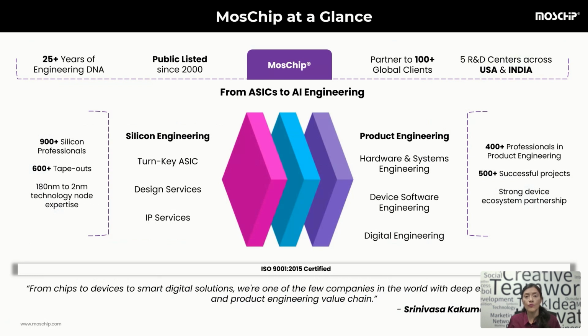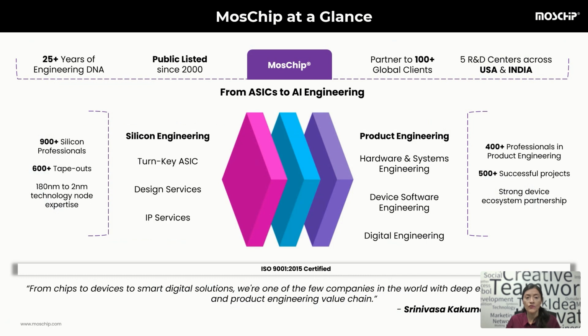A quick introduction of MOSCHIP for those who don't know us. MOSCHIP is a publicly listed engineering services company with over 25 years of silicon to software DNA. From silicon to systems to software and safety, we cover the entire product lifecycle, all the way from idea to prototyping to production and sustenance.